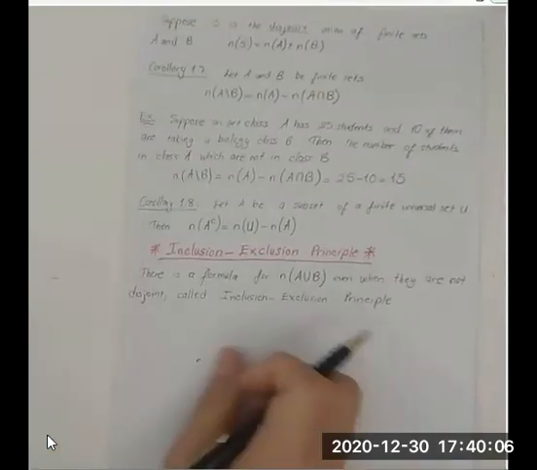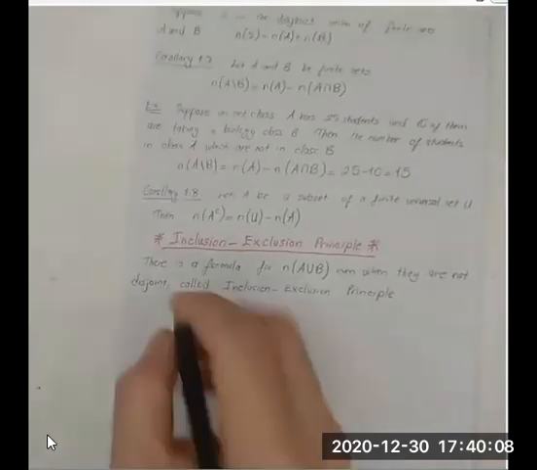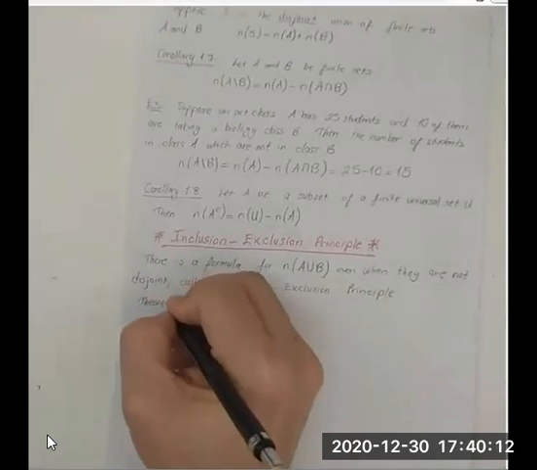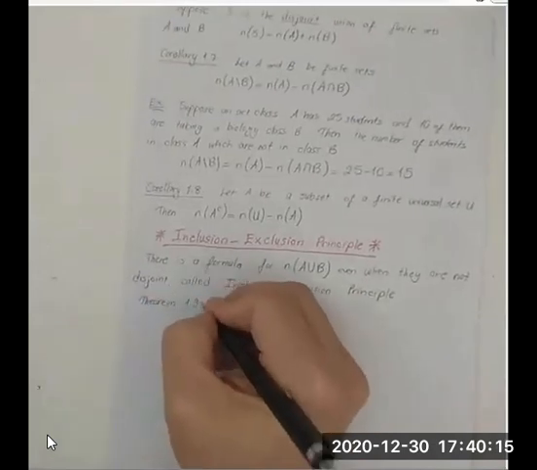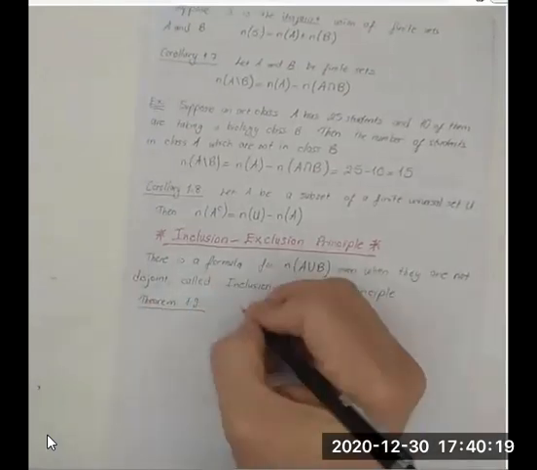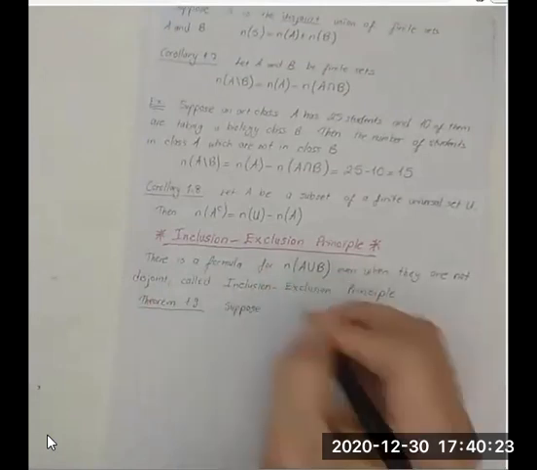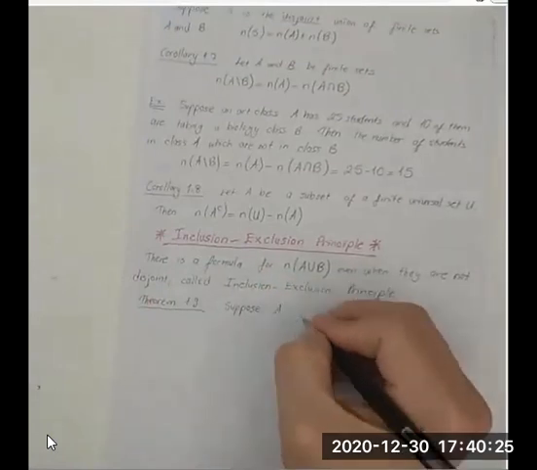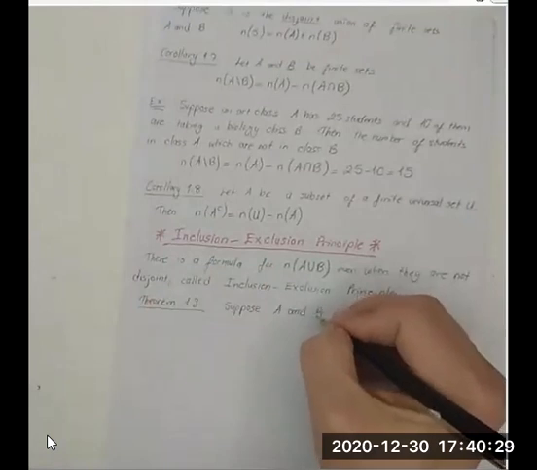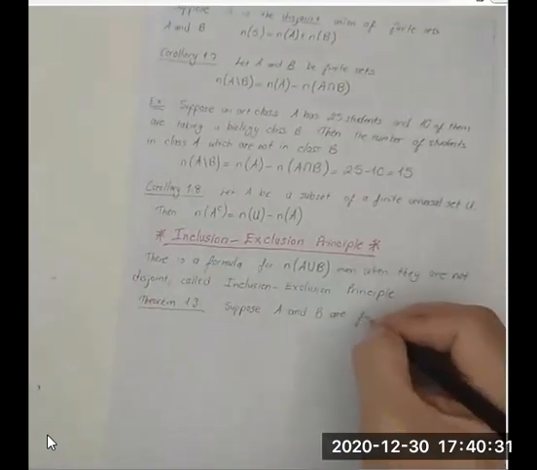So, Theorem 1.9, the inclusion-exclusion theorem. Suppose A and B are finite sets.